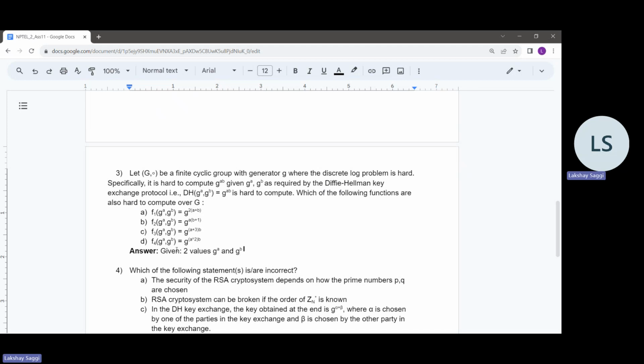We are just given g to the power a and g to the power b.